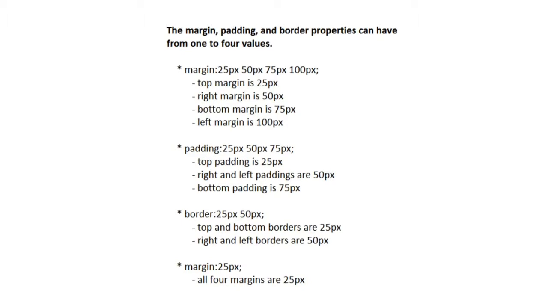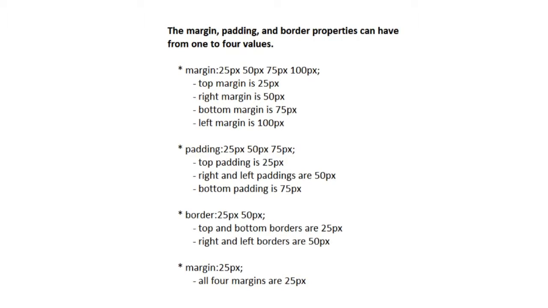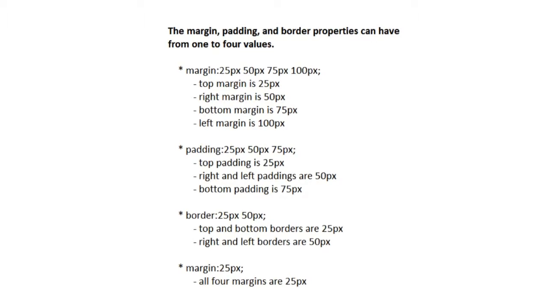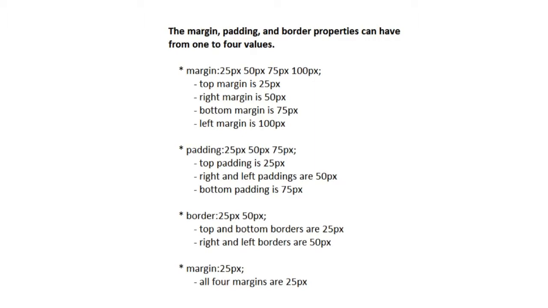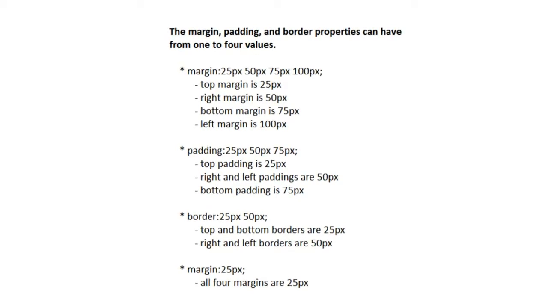Start at the top and move clockwise. With 3 values, the first is the top, the second, right and left, and the third is the bottom. Likewise, with 2 values, the first value is for top and bottom, the second value is for right and left. And finally, if a box model property only has 1 value, that value is applied to all 4 sides.